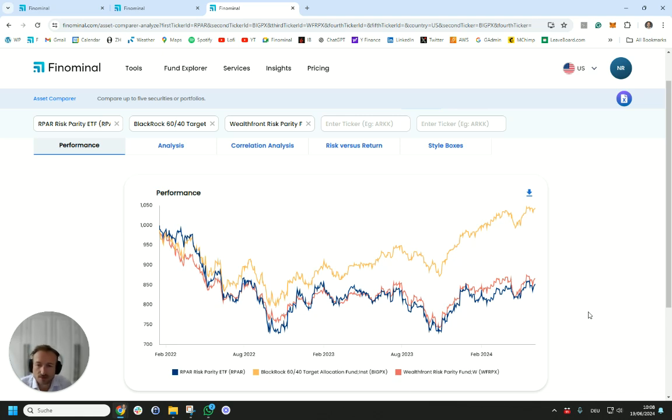What's kind of surprising about this is that RPAR does have that inflation angle with this 35% allocation to TIPS, and inflation has been high over the last 3 years, but that does not reflect in a better performance, for example, than the 60/40 portfolio. And of course, you could attribute the 60/40 portfolio's performance to the 60%, i.e. equities, which makes this a little bit complicated to think about.